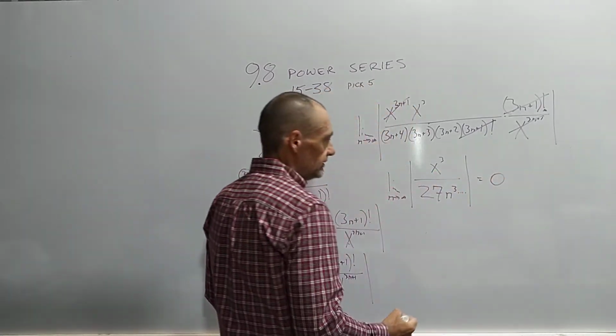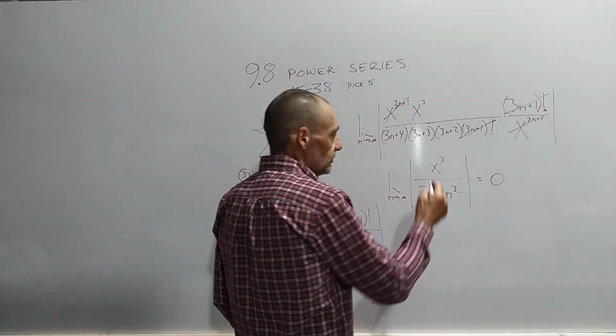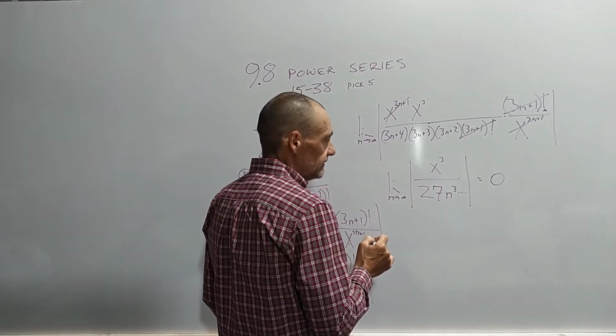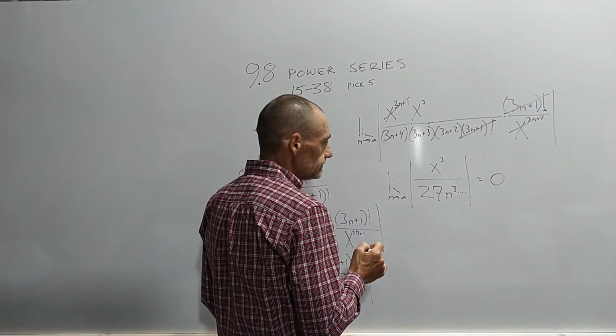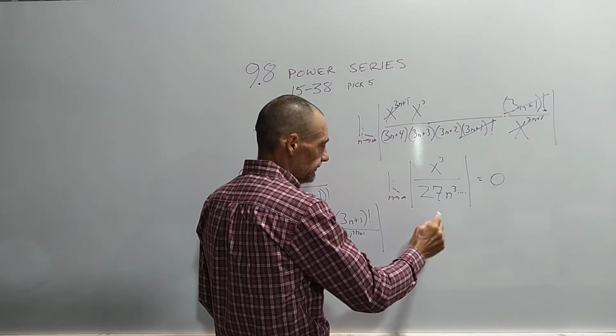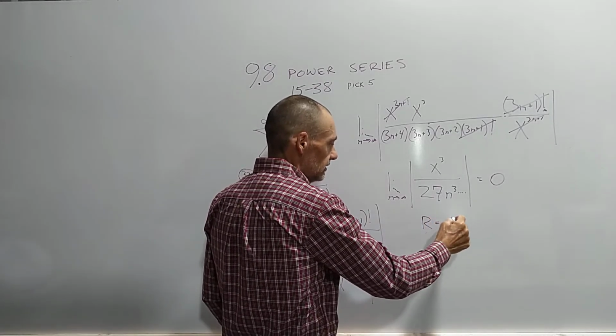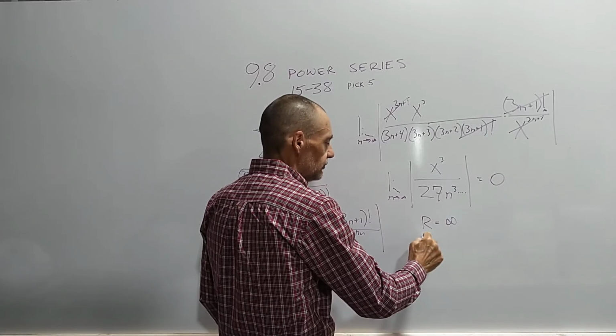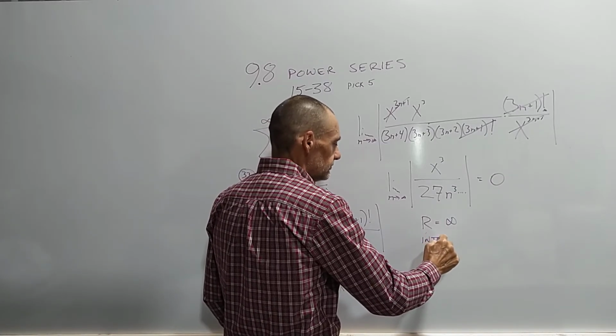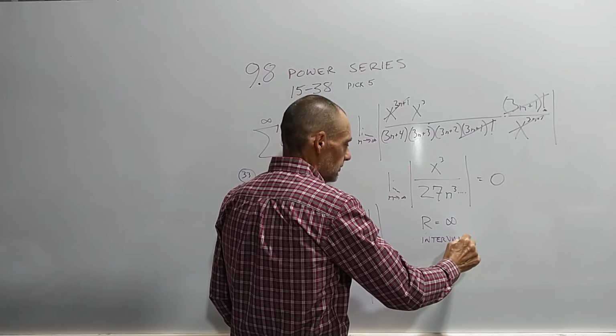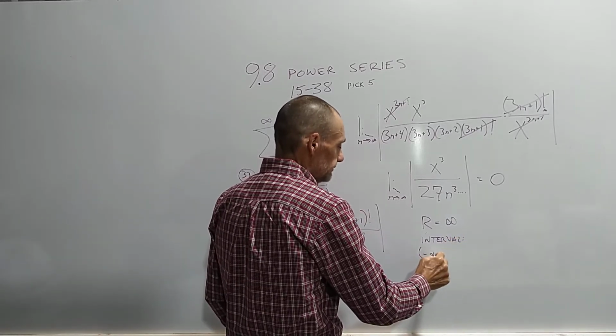For any x. So since this is true for any x, the radius of convergence is going to be infinite. The interval of convergence is going to be the real line.